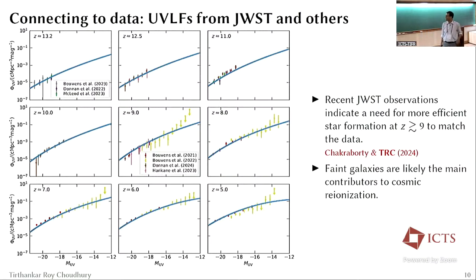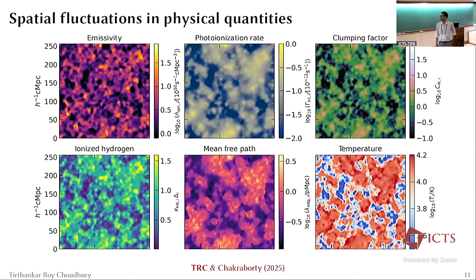Anirban will actually be giving his talk along these lines. Once we do that, we find that we need the galaxies to be forming stars more efficiently at high redshifts to match the JWST data. And also, to match the observations, we need the faint galaxies to be the main contributors of reionization.